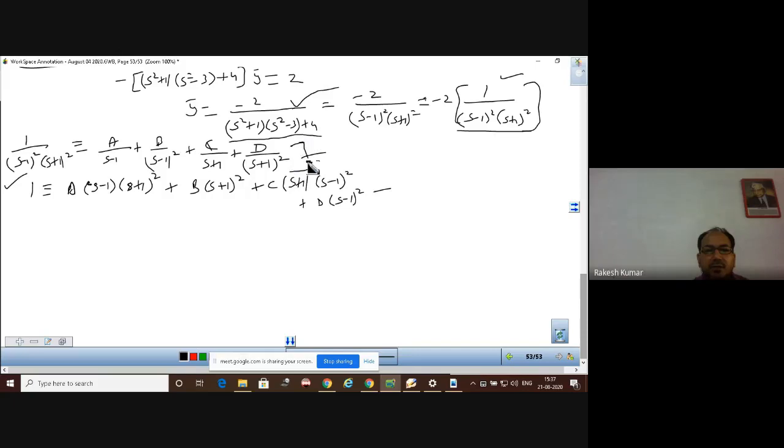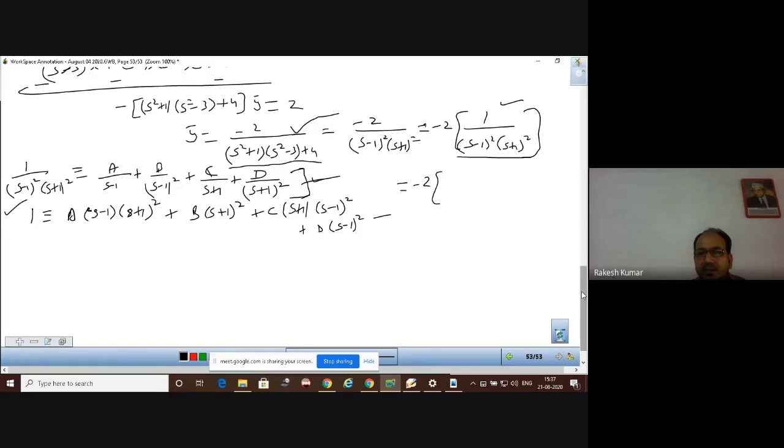Let's check the way to find out the partial fraction. Ultimately, we need to make its linear factors so that we can easily find out the constants. If you are able to find out the linear factors of this term by other means, it is okay. You need not apply partial fraction, but the term will be like this. So if you can find out, you can try this term also.